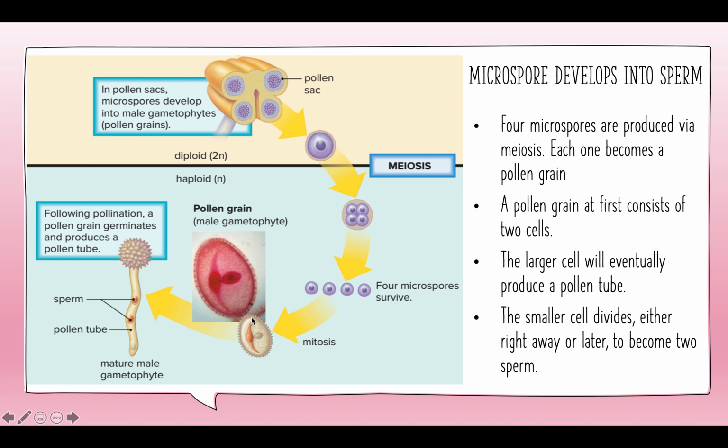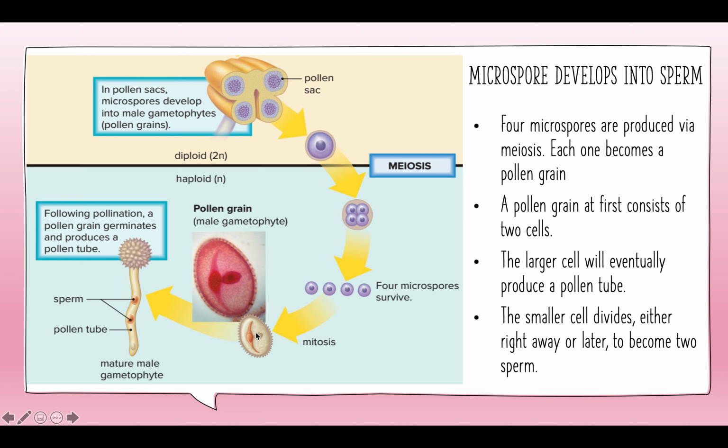And if you look closely inside a pollen grain, there are actually 2 cells. The larger cell, the one that looks like a boomerang, will eventually produce a pollen tube. This pollen tube will be very important because it serves as a pathway for the sperms later on to reach the canals leading to the ovary of the flower.